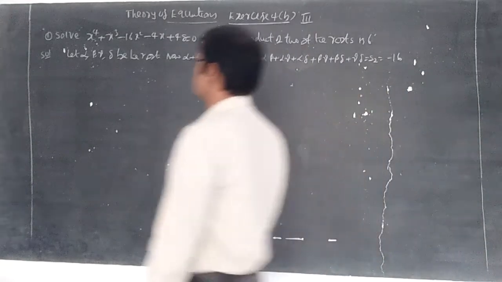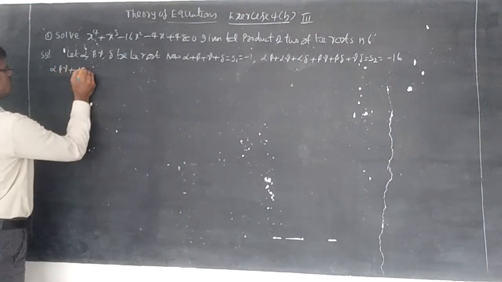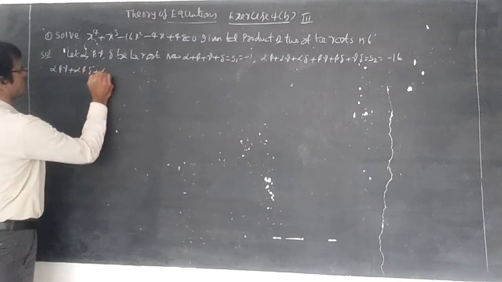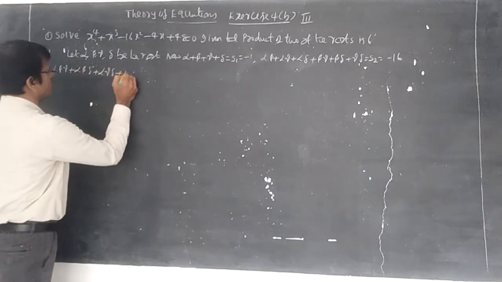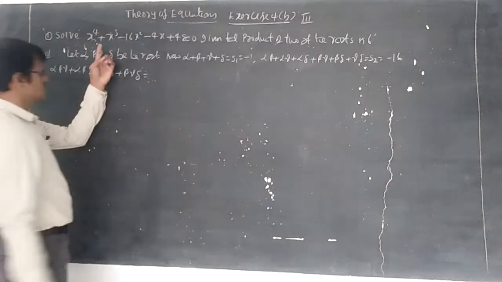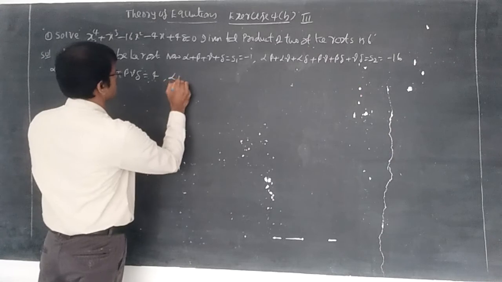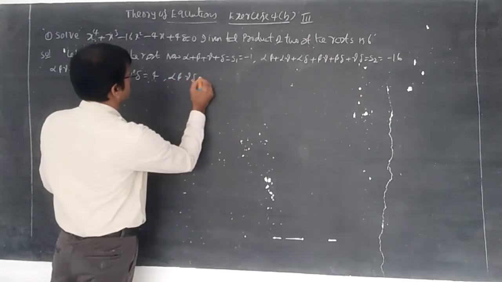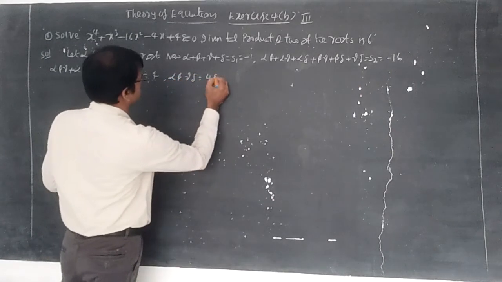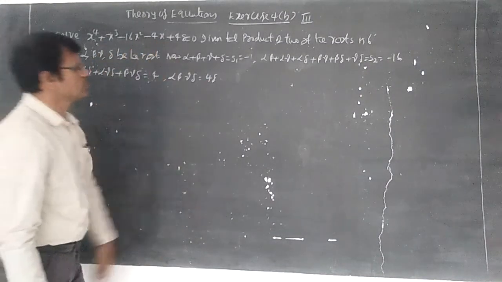Next S3: alpha beta gamma plus alpha beta delta plus alpha gamma delta plus beta gamma delta is equal to minus plus minus, so it is 4. Next one, alpha beta gamma delta is equal to 48, using the concept minus plus minus plus.